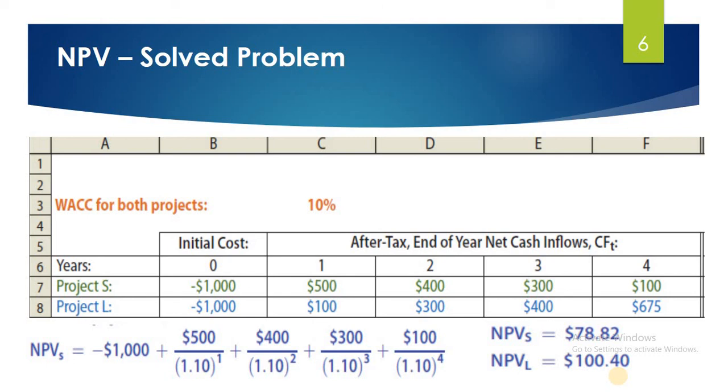But if the projects are mutually exclusive, in that case we should accept project L because NPV of project L is more than NPV of project S. So therefore, in case of if the projects are mutually exclusive, we should accept project L because it will add more value to the shareholders.